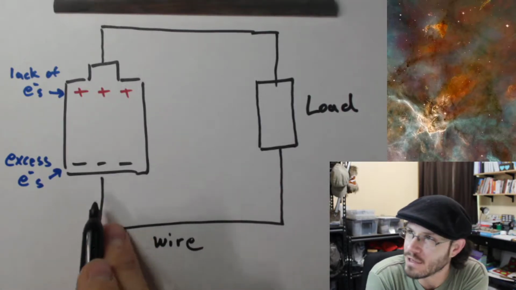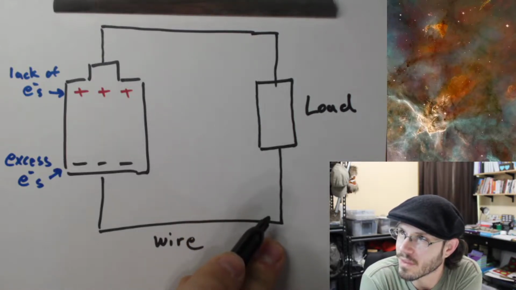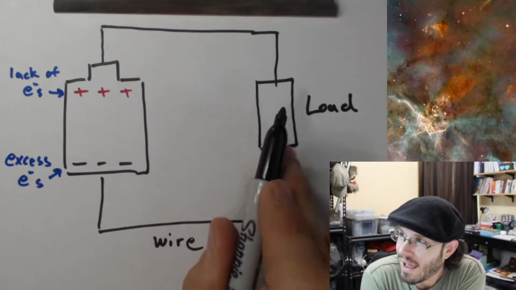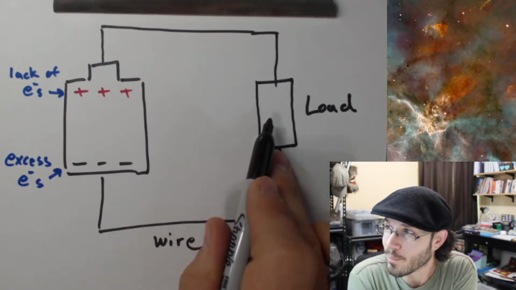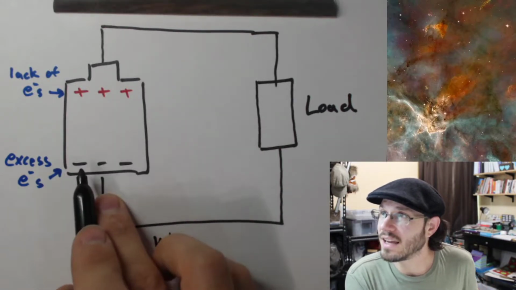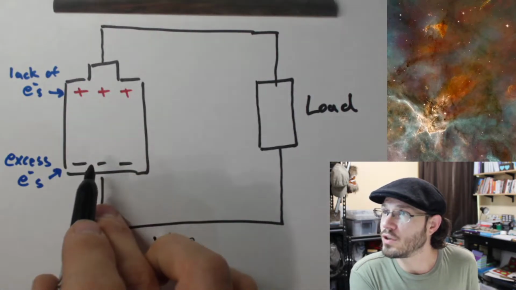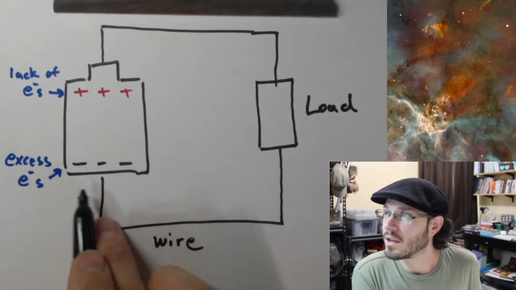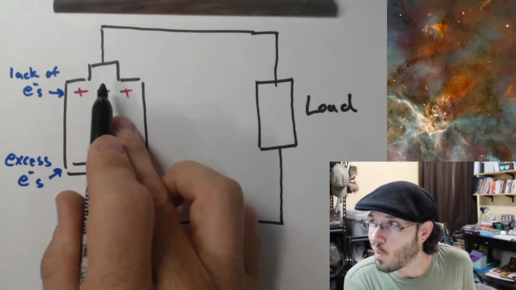And so copper makes for a really good transportation of electricity. Now we have something that we want to put electrons through, okay? Now check out this. We have excess electrons, we have a lack of electrons. These electrons want to go from here to here. The electrons want to go home.